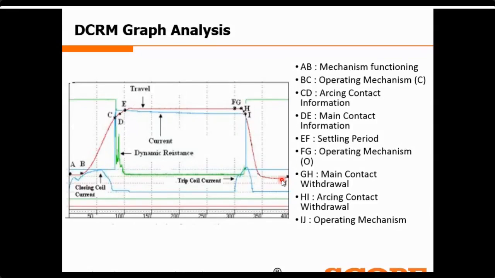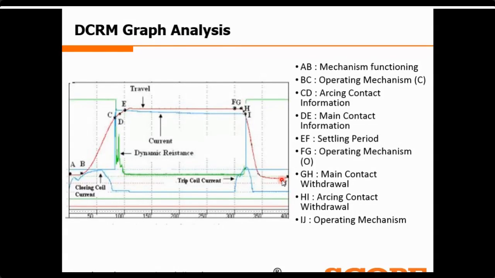So, in each instance I explained each and every operation, what was happening during the DCRM. This is how you will analyze the DCRM graph. Now you know the regions, and you know that in certain positions the graphs will be abnormal if the circuit breaker is behaving abnormally.